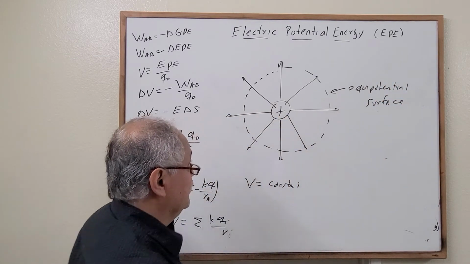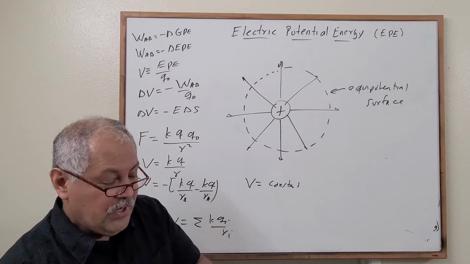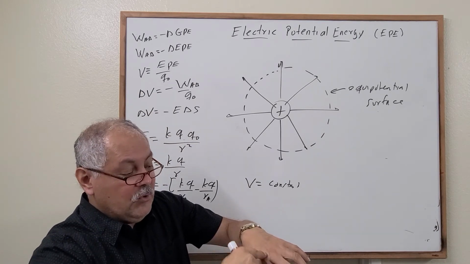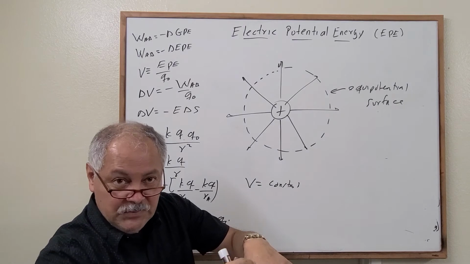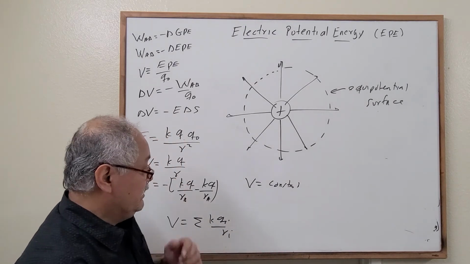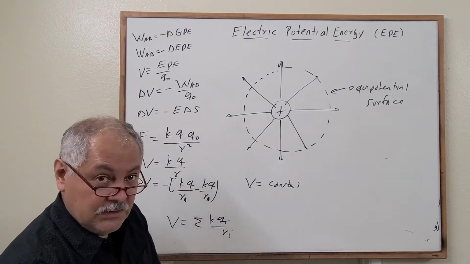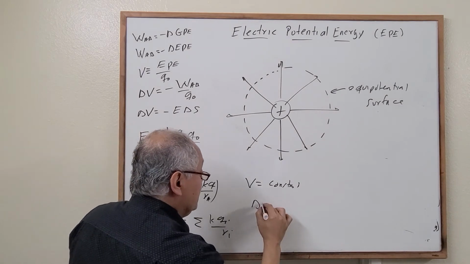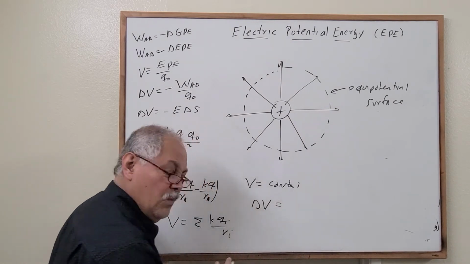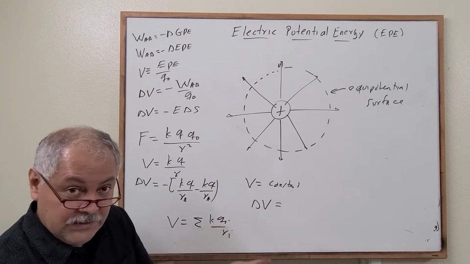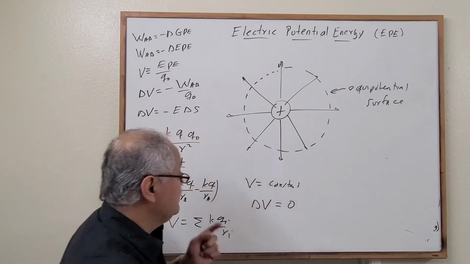surface, correct? Imagine one more time we have a surface, so the potential difference for any point between those surfaces, right, is 0. So the change in the potential difference is 0. Why is 0?